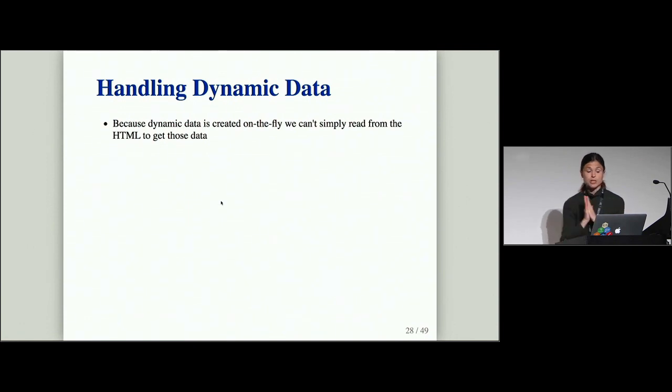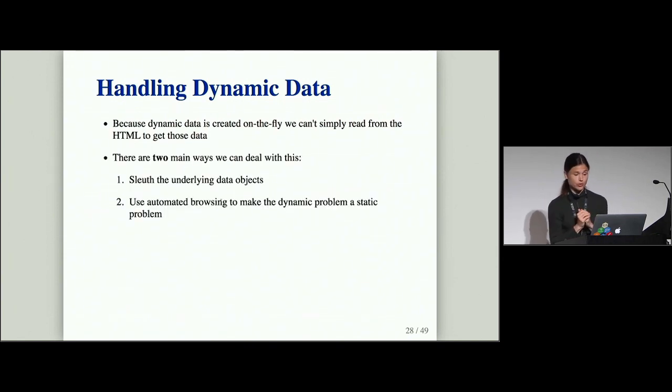Okay, so dynamic data. This is the more complicated situation, but it is one that we can handle. Even though dynamic data is a little bit more challenging to get at, we can still do it, and we have two main ways of getting at it. One, I think of as sleuthing, and this has to do with finding the back end to the data that is generated on that site.